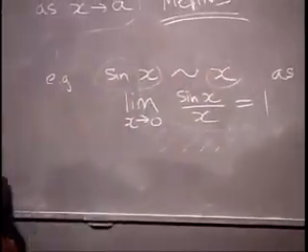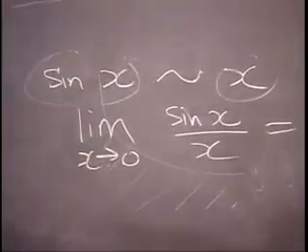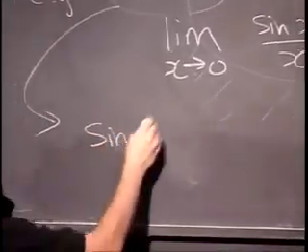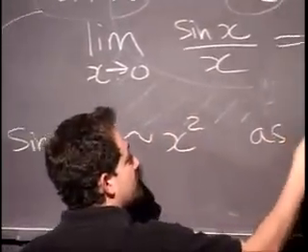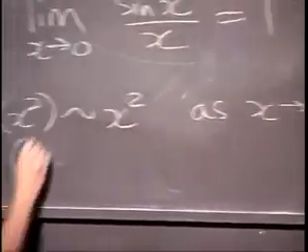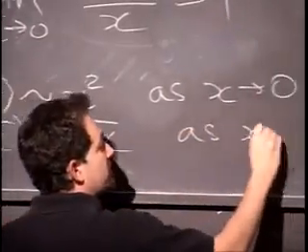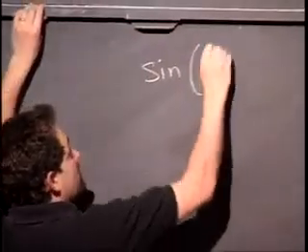Now, the beauty of this is you can take this and replace x by some other function of x as long as it still goes to 0. So sine of x squared is asymptotic to x squared as x goes to 0. Or sine of root x is asymptotic to root x, but this time we'd better say x goes to 0 from above because you can't take the square root of a negative number. How about sine 1 over x?